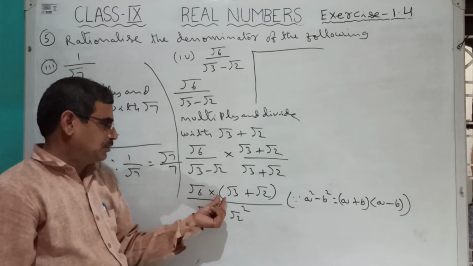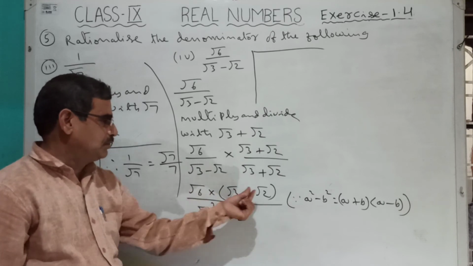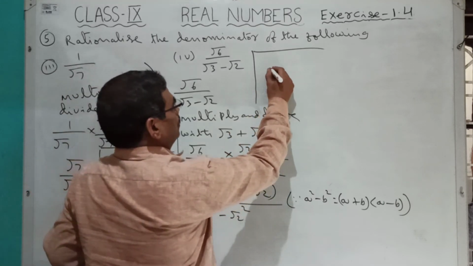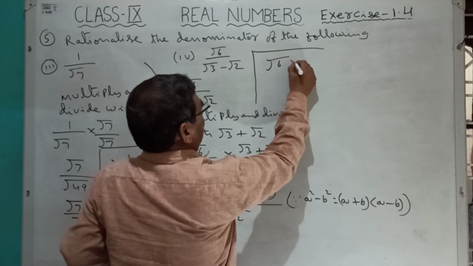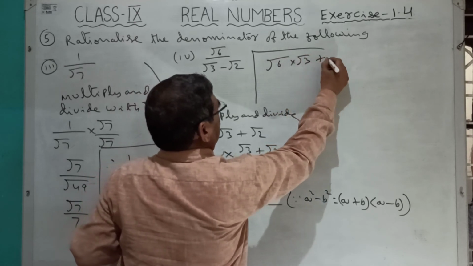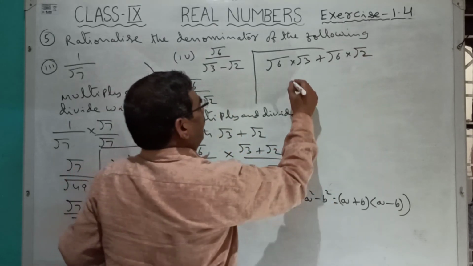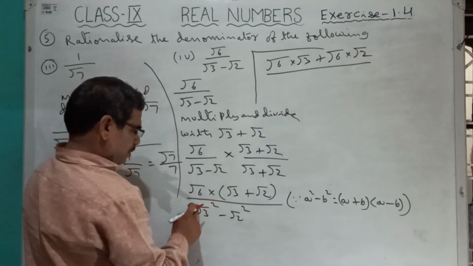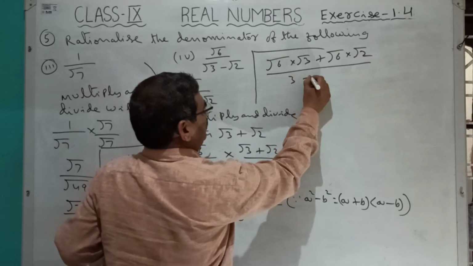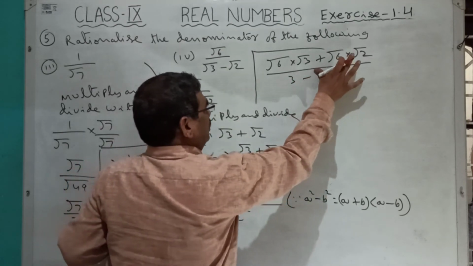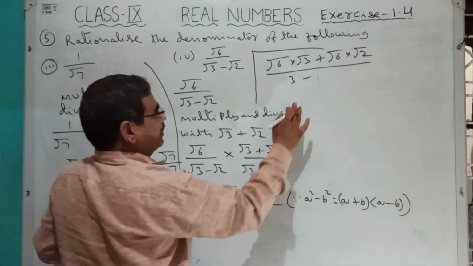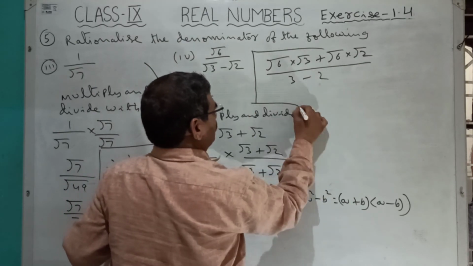So root 6 into root 3 plus root 6 into root 2 by, square root will get cancelled, 3 minus, square root will get cancelled, 2.